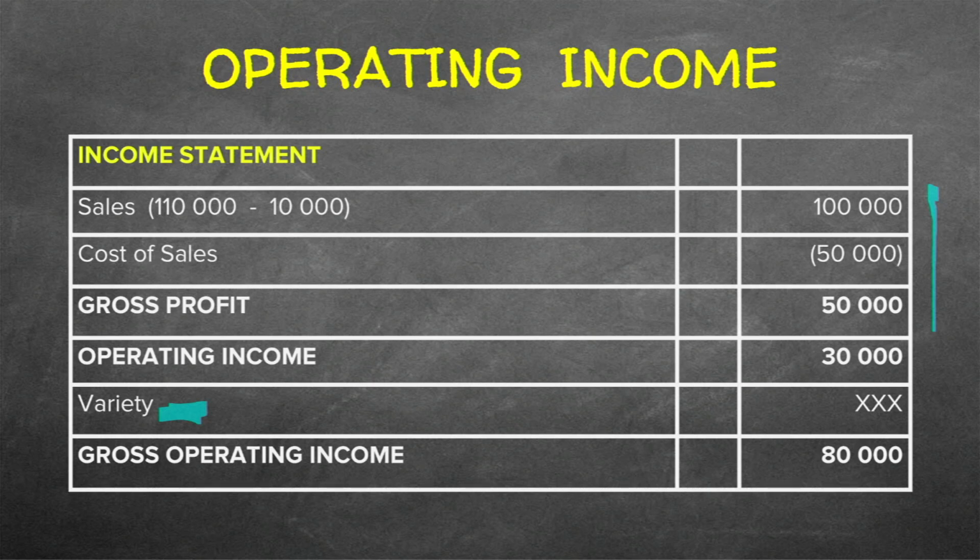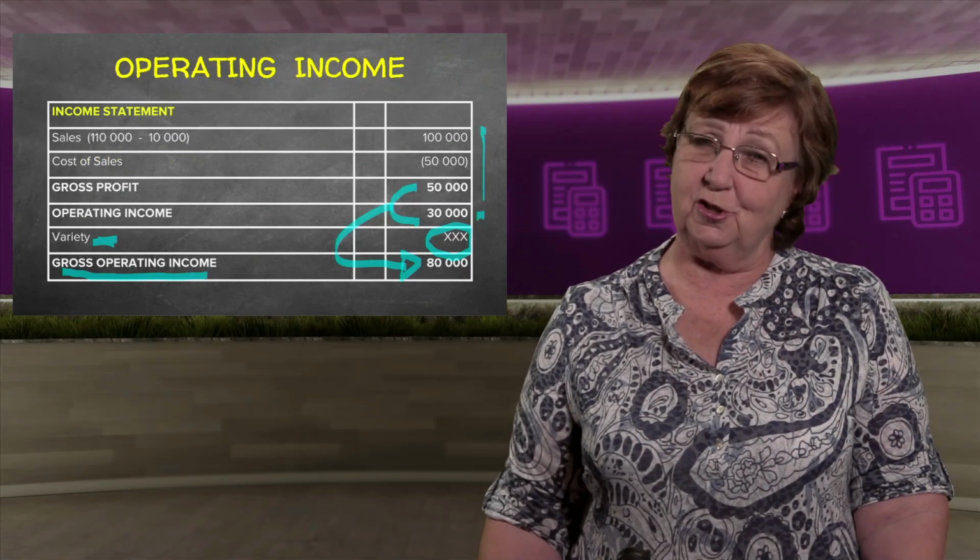You can't just write variety, but obviously space is prohibitive here. So I add up all my operating incomes, and we could have 4 or 5 of them, and the answer is 30,000. I'm now going to say 50,000 plus the 30,000 of my operating income will give me my gross operating income of 80,000 Rand. And so that is section 2.